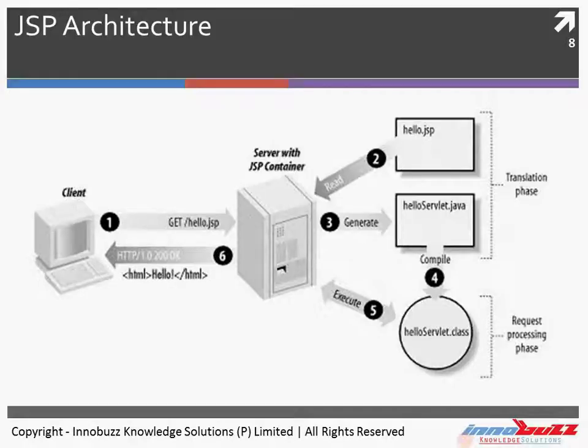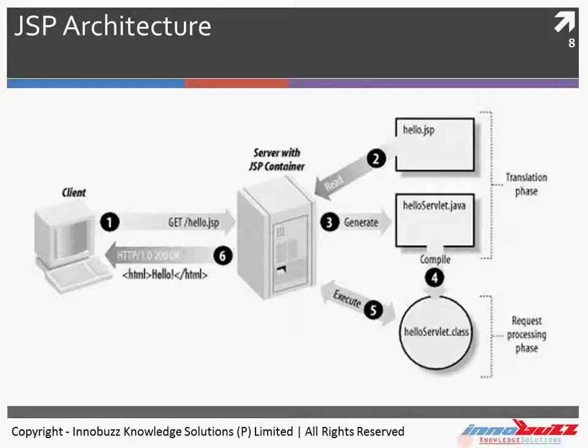The JSP engine will do this, after which it forwards the original request to the servlet engine. So the JSP engine, after compiling the servlet to an executable class, will forward it to the servlet engine. After that, the next step is the web server, called the servlet engine, loads the servlet class and executes it.